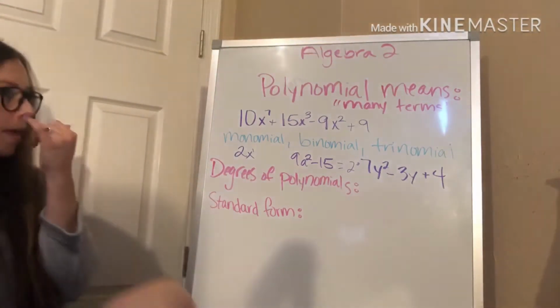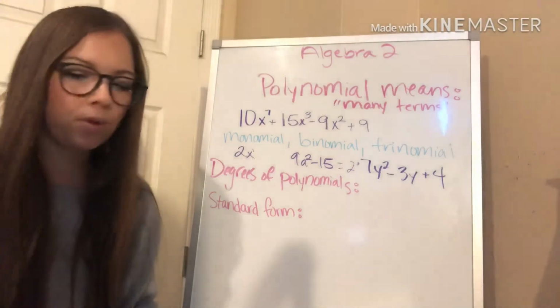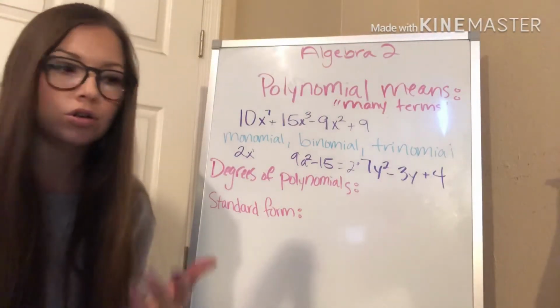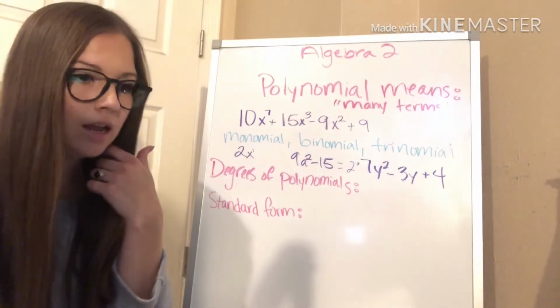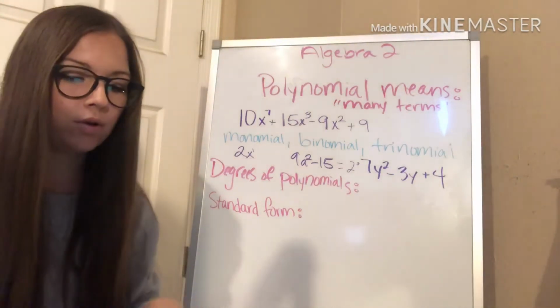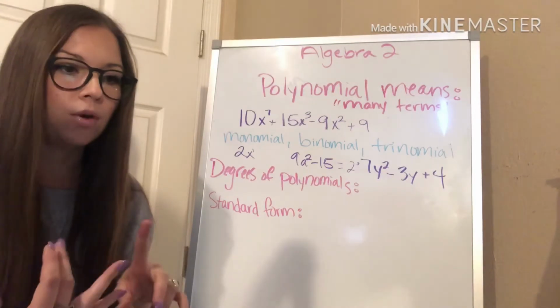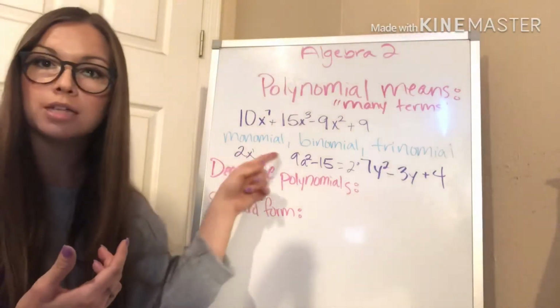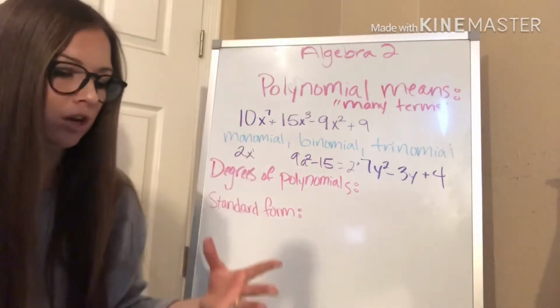Okay? I want to go over a few problems together so that you can do your assignment fairly easily. We're just going to go through a couple, and we're going to talk about remembering that each variable has an invisible power of 1 that you need to add when you're talking about degrees.